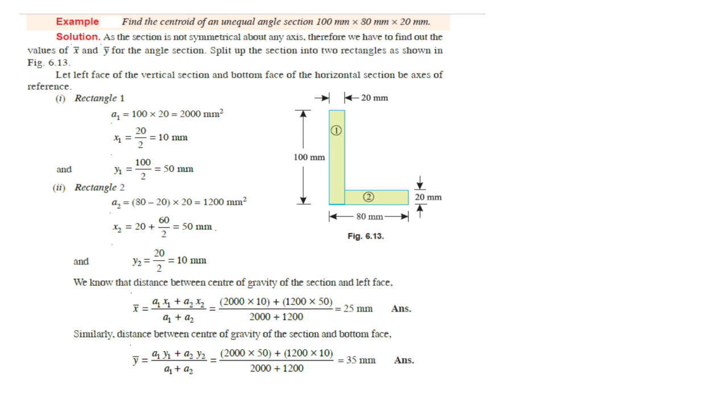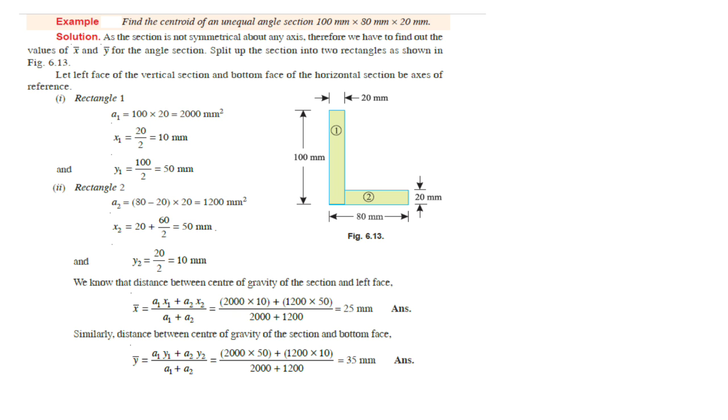The distance between the center of gravity of the section and the left face, x bar, is equal to (a1 x1 plus a2 x2) divided by (a1 plus a2). So a1 is 2000 into x1 is 10, plus a2 is 1200 into x2 is 50, divided by 2000 plus 1200, which is equal to 25 mm.